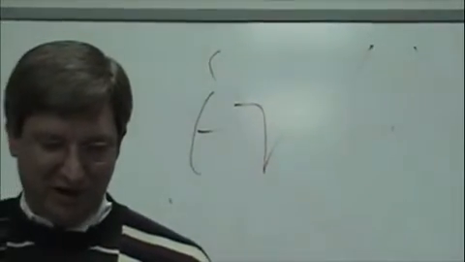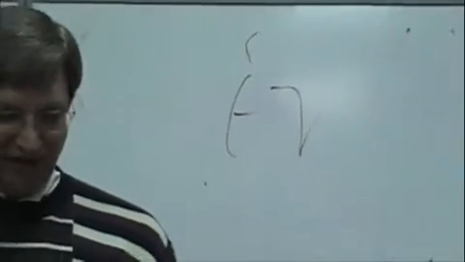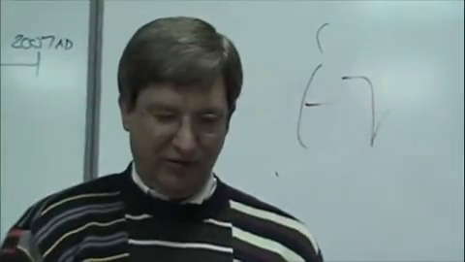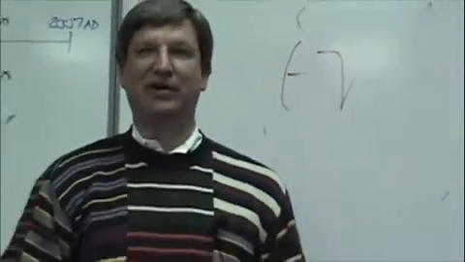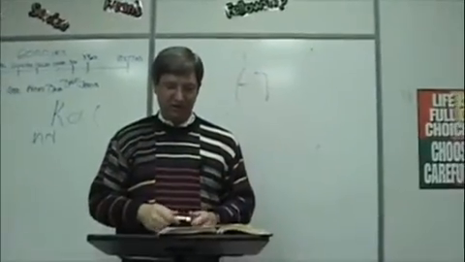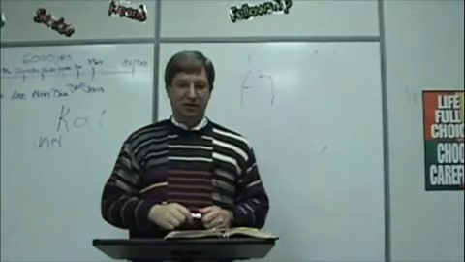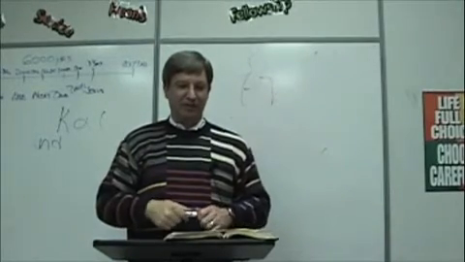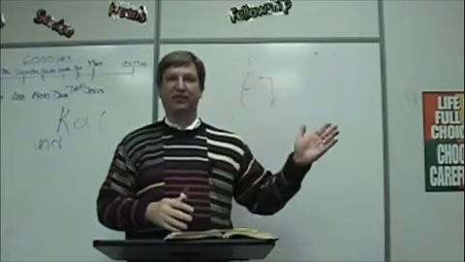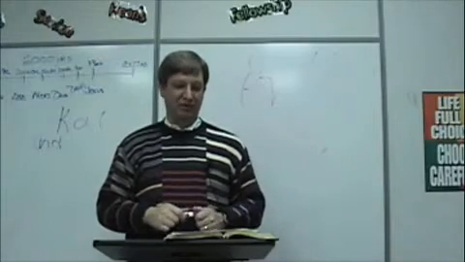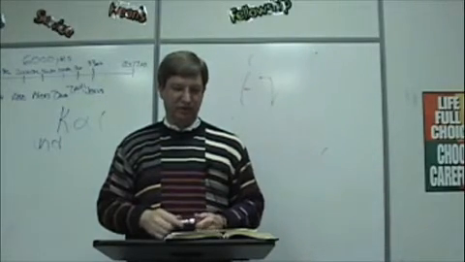The breathing mark is always placed over the second vowel if there's a diphthong there. The breathing mark is always typically over the first letter when the letter is a vowel in the Greek word.